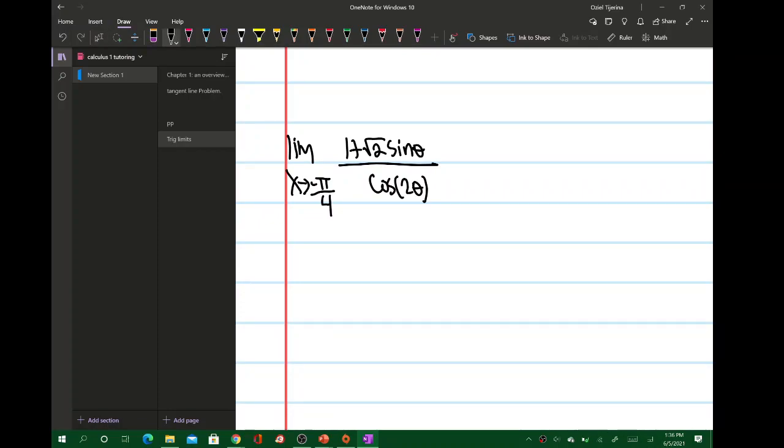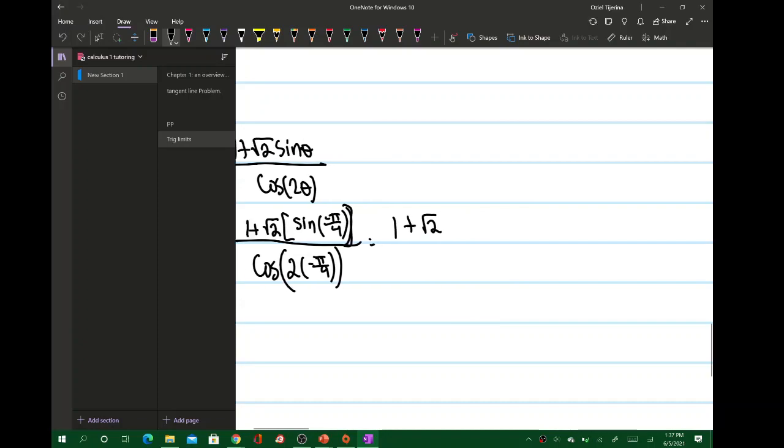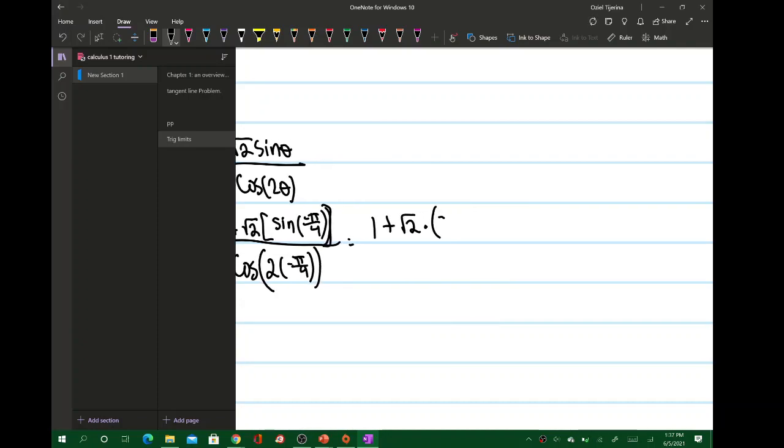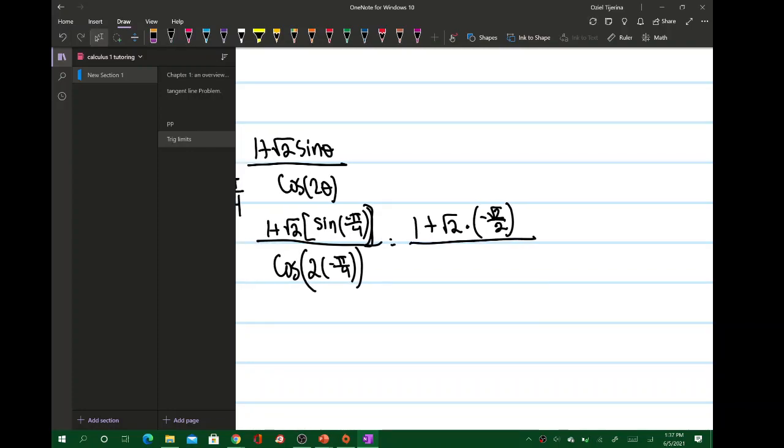Now, obviously, if you plug it in, you're going to get 1 plus the square root of 2 times the negative square root of 2 over 2, and then over cosine of 2 times negative pi over 4, which is cosine of negative pi over 2, because 2 times negative pi over 4 is negative pi over 2.